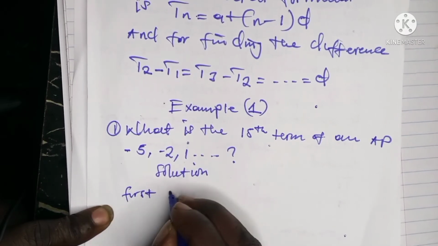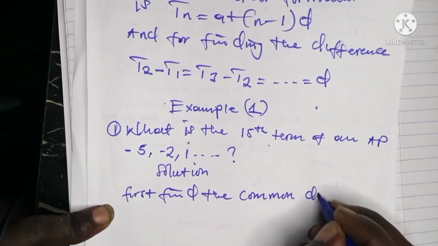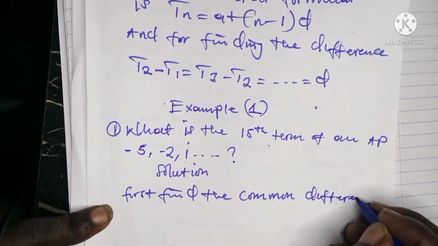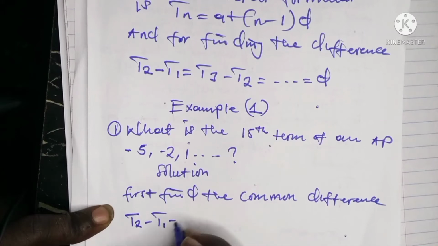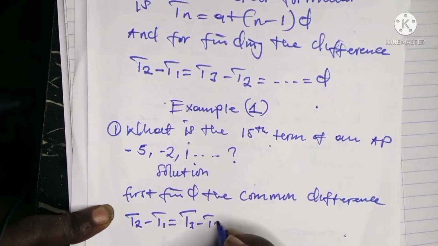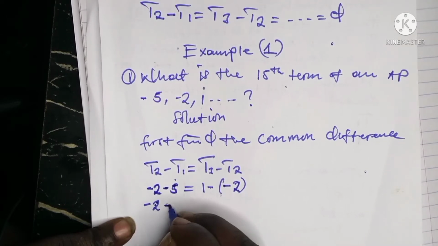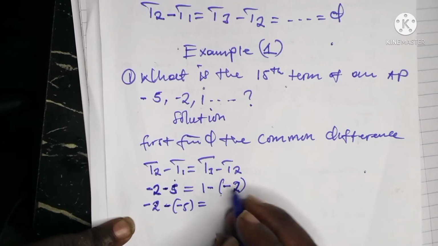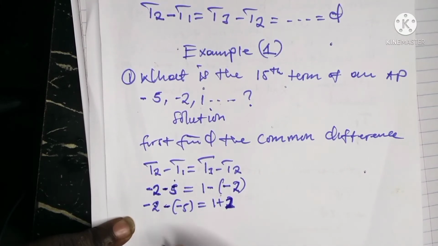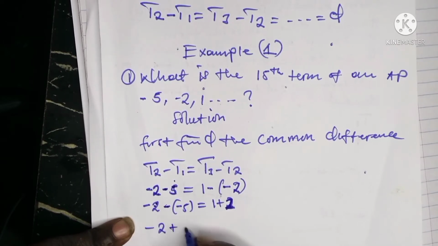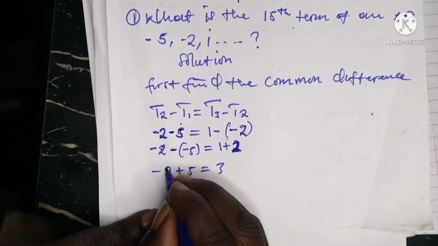First, find the common difference which is T2 minus T1 equals T3 minus T2, which is equals to minus 2 minus open brackets minus 5 close equals minus 1 plus 2, then minus 2 plus 5 equals 3, which is 3 equals to 3.